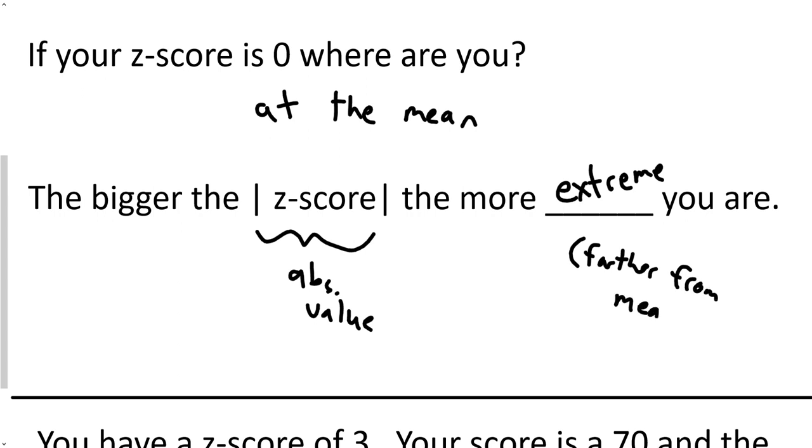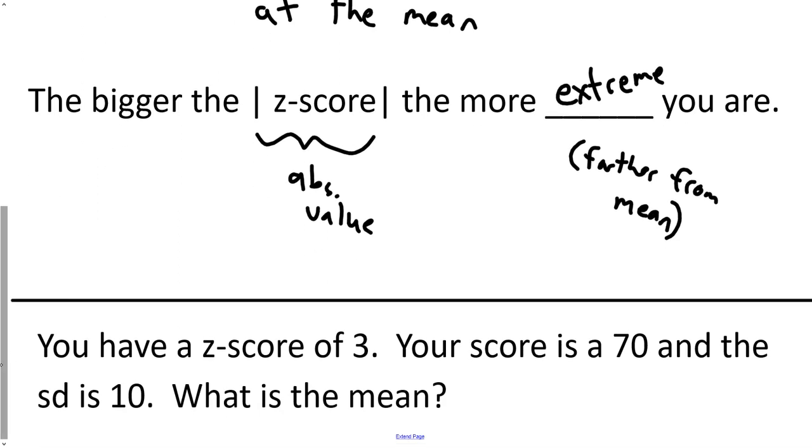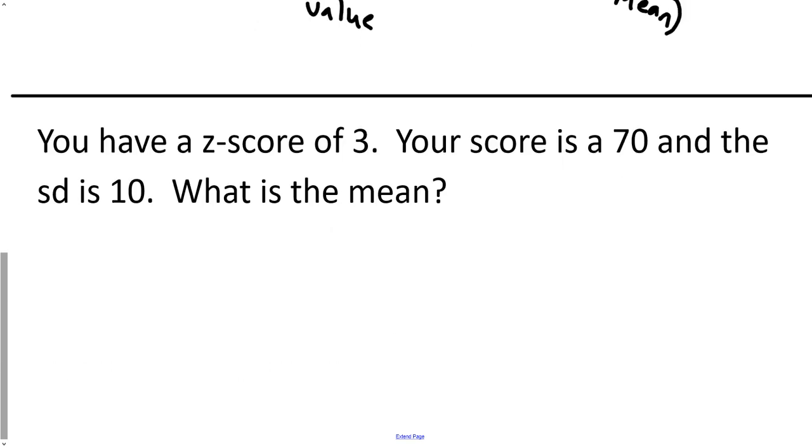In a moment, we're going to talk about how we can see that compared to the mean on a different example. So you have a z-score of 3, your score is 70, and the standard deviation is 10. What is the mean? Here's an example of how we can use this a little bit. So the information we have is everything except for the mean.